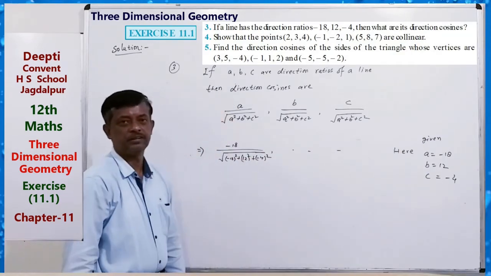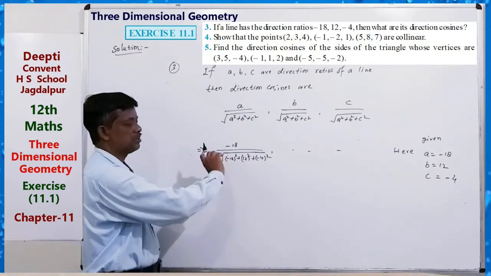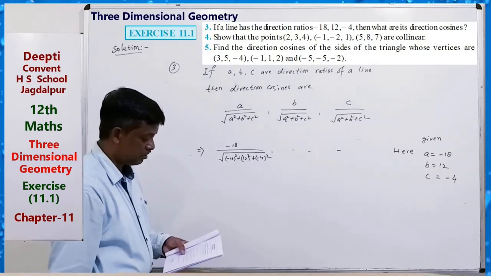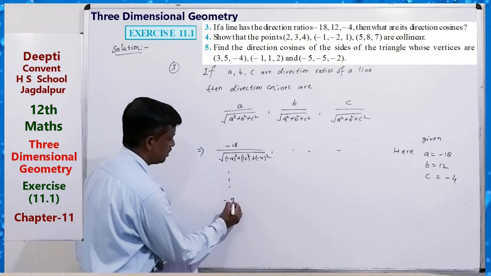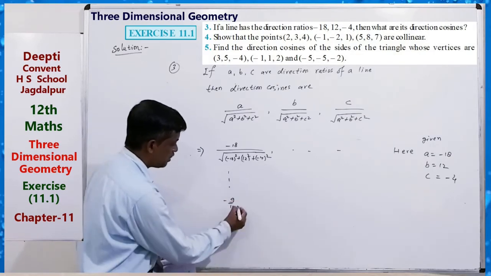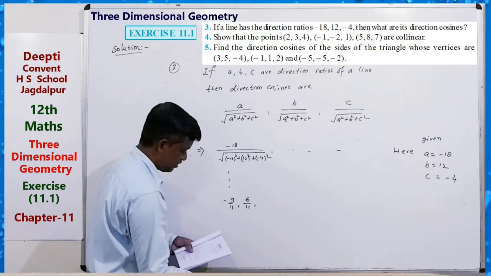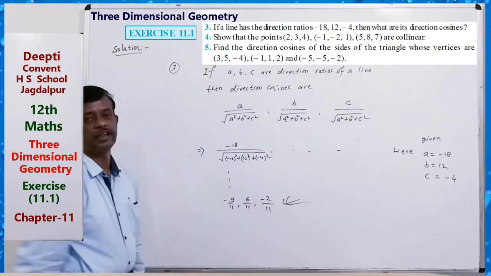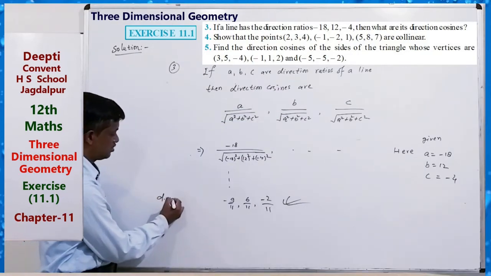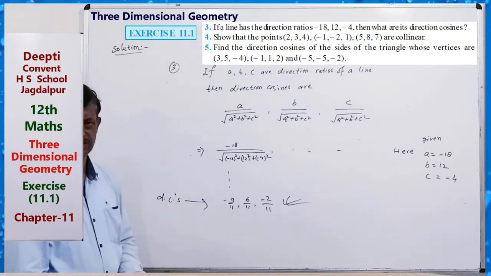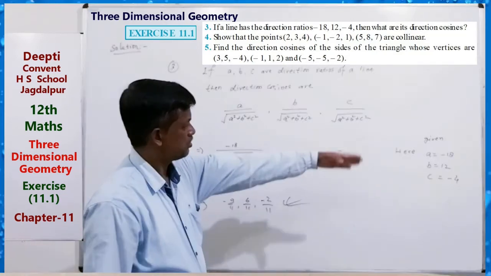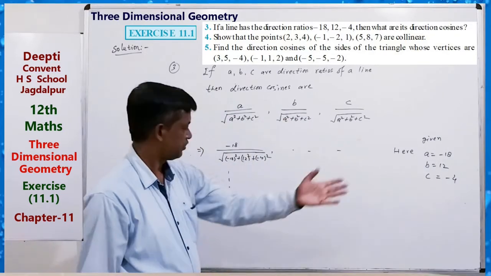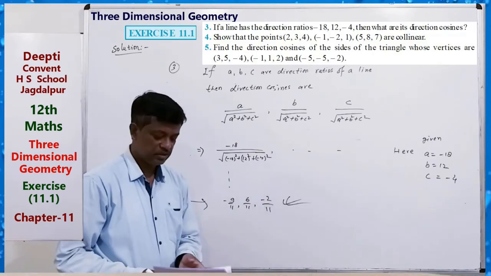You can find. Just solve it. 18 square, 12 square, 4 square, sum it, take the square root. So you can get, after simplifying, minus 9 by 11, 6 by 11 and minus 2 by 11. So these are the direction cosines. Okay, just solve it. Very simple. Just put A, B, C. These three are the same thing. So just calculate and simplify. These are the direction cosines.